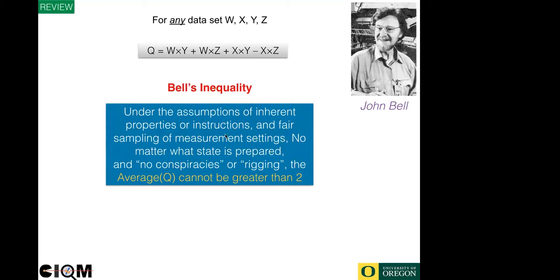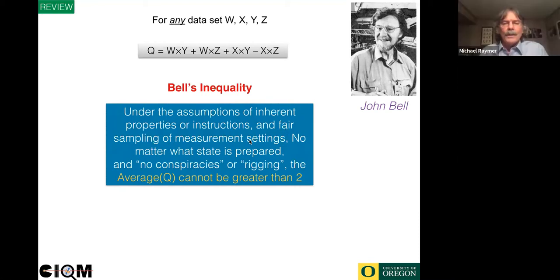And then assuming that the measurement laboratories use fair sampling of measurement settings, and that there's no hidden conspiracies or rigging or faster than speed of light communication, and so on, then we proved very simply, with very simple mathematics, that the average of Q, if you make thousands of measurements under fair sampling, cannot be greater than 2. And this has nothing to do with quantum theory or quantum physics. It's purely classical logic that leads us to that conclusion.